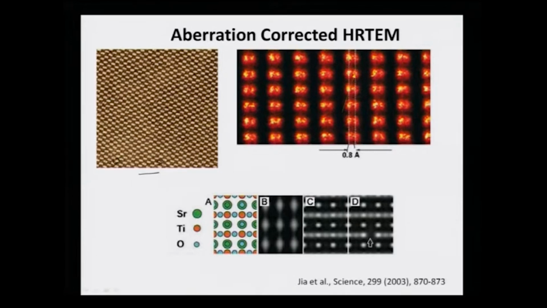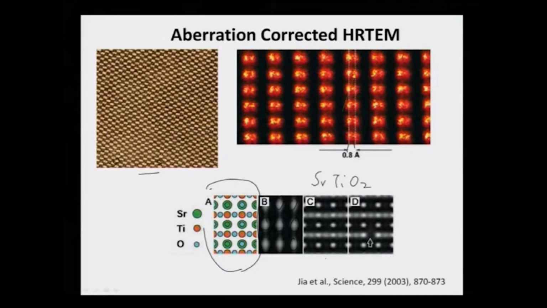The bottom picture shows strontium titanate, SrTiO3, where A shows the atomic positions along certain crystallographic directions, and B shows a conventional high resolution electron microscopic image, where you cannot even see different atomic species properly because of resolution problems. On the other hand, C shows the different atomic species.